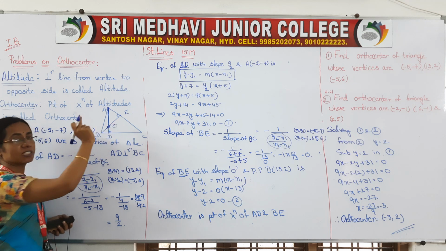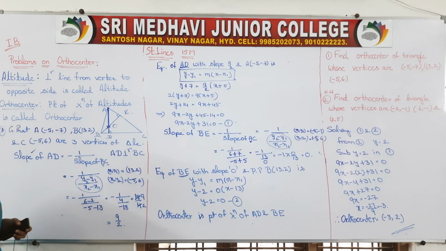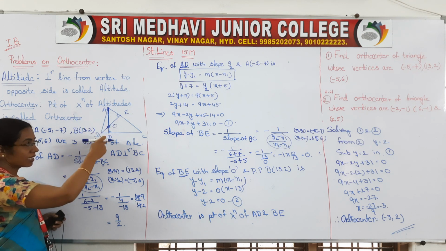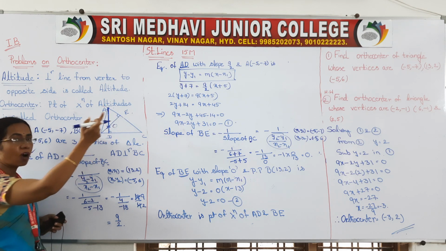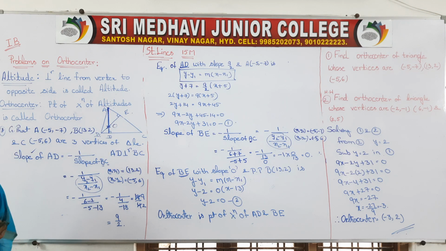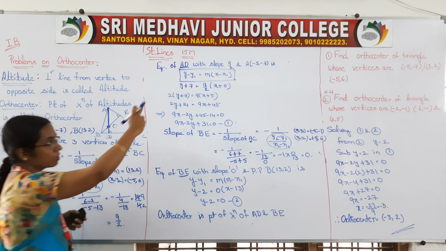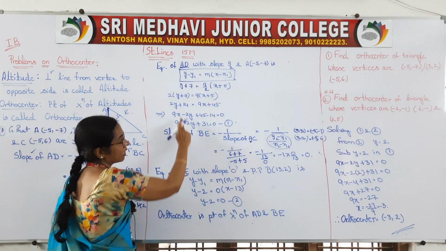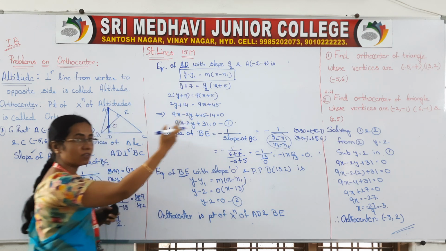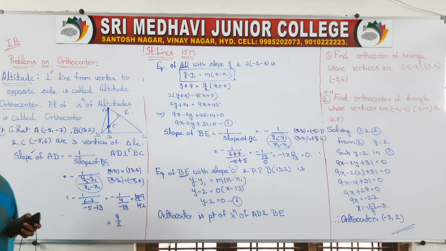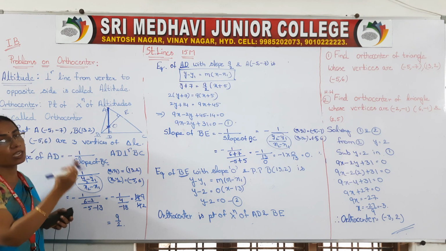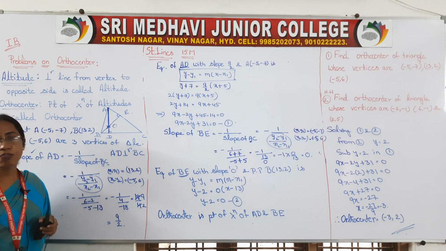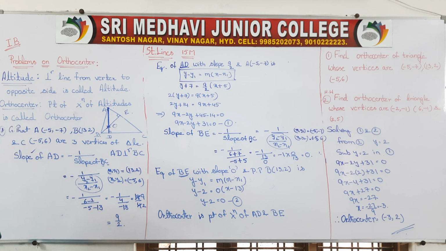Their point of intersection is the orthocenter. So which two lines? AD and BE. How did we get them? The point is already given to us. We have to find its slope. Once the point and slope are known, by using this formula, we can get AD as well as BE. After getting AD and BE, find out their point of intersection. That is called the orthocenter.